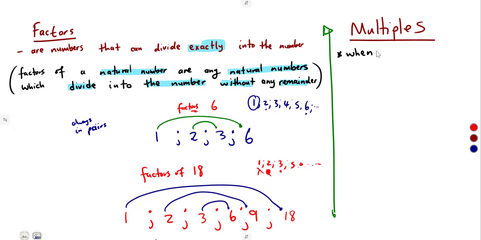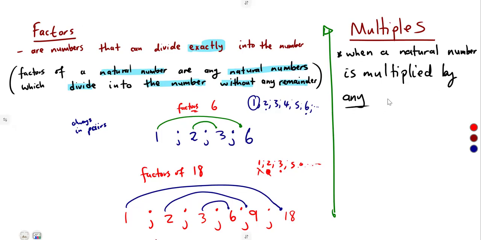When a natural number, just take any number of your choice, is multiplied by any natural number, we are saying the answer is a multiple.